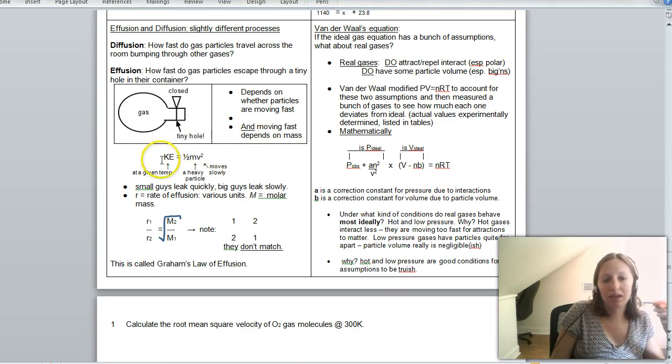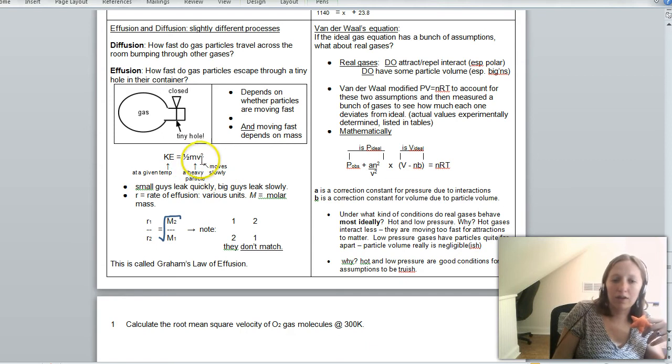So looking back at that formula, kinetic energy equals 1/2 mv squared, what that says is at a given energy or temperature, a heavy particle, that's your heavy mass, for example, moves slowly. So you've got a big value for m and a small value for v. At that same temperature, a light particle, a small value for m, moves quickly, a high value for v, and they multiply together to give you the same kinetic energy.